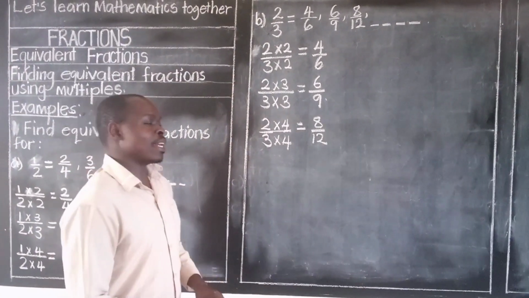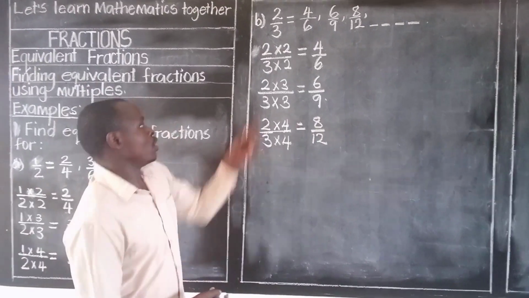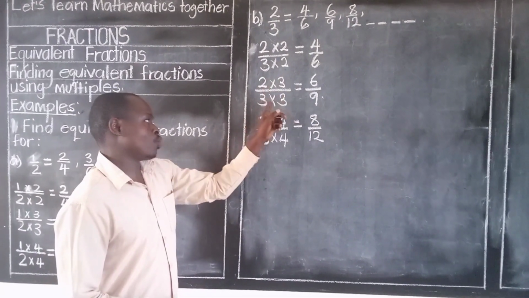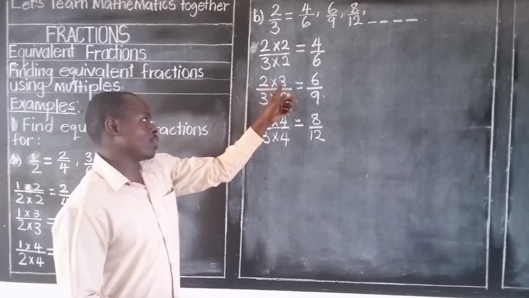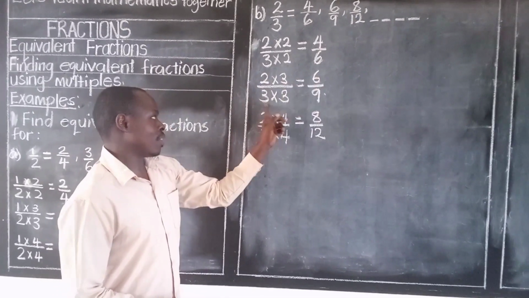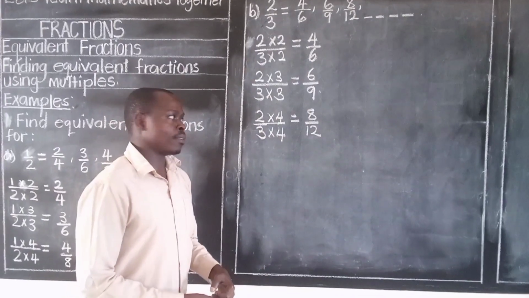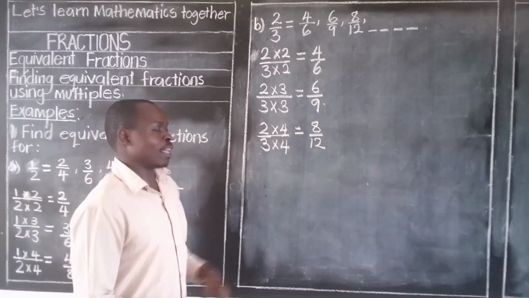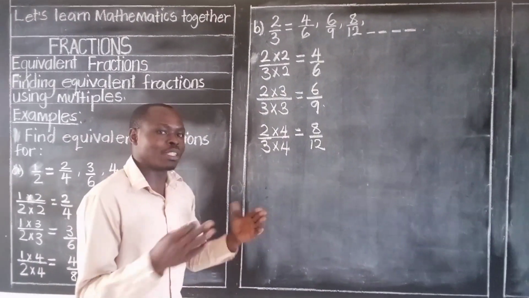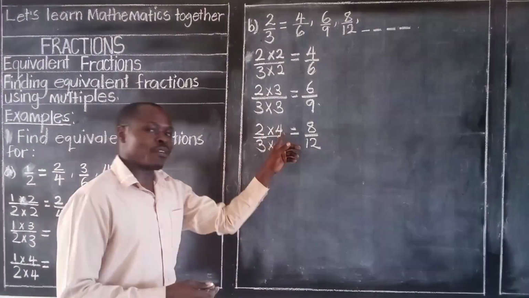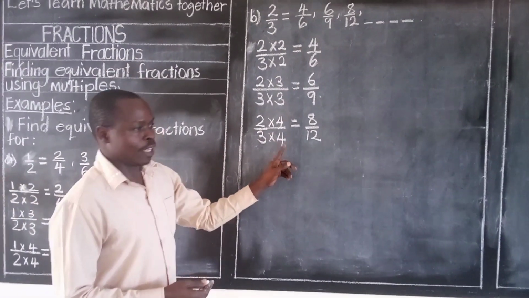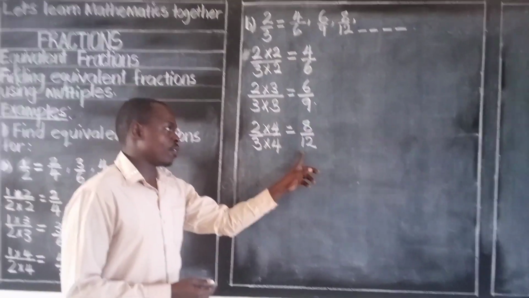We multiply by the next factor, that is 3. 2 out of 3 times 3 and also 3 times 3. 2 times 3 gives us 6. 3 times 3 gives us 9. And then we also multiply through by the next factor, which is 4. 2 times 4 will give us 8. 3 times 4 gives us 12.